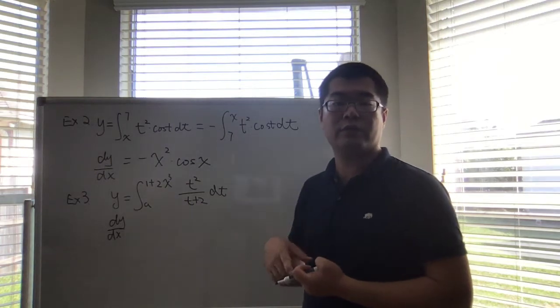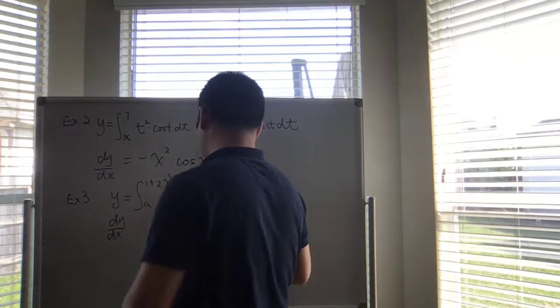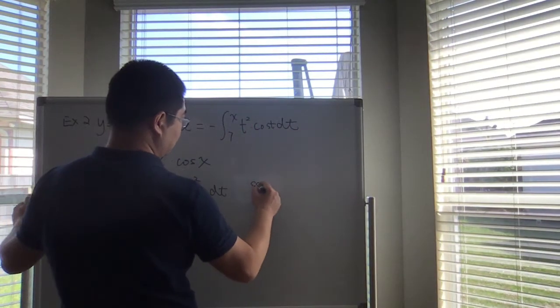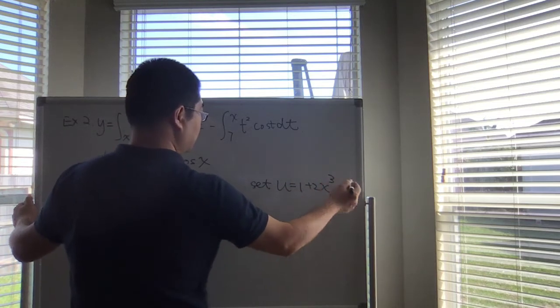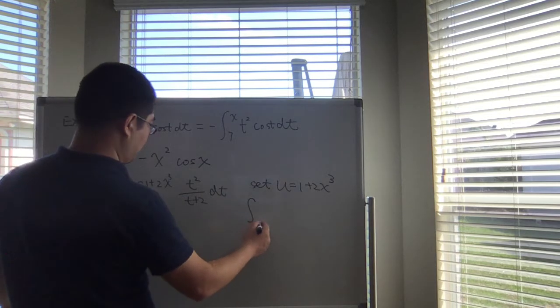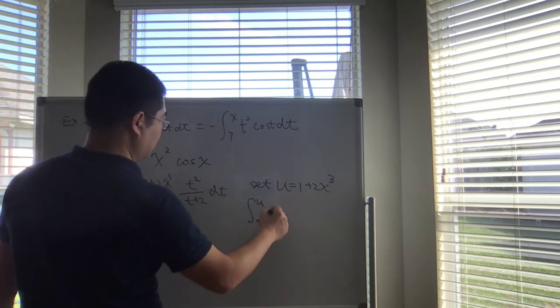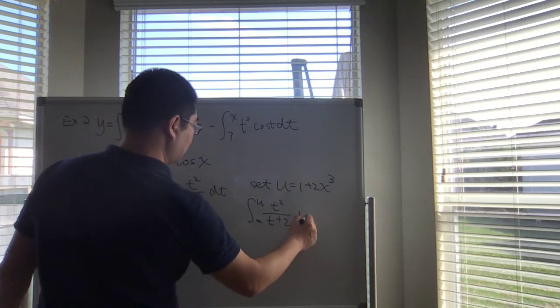What I'll do is also introduce one intermediate variable u. Let's do this. Think about it this way. Set u equals 1 plus 2x cubed. Okay, so do you agree that then the integral becomes the integral from a to u of t squared over t plus 2 dt, right?